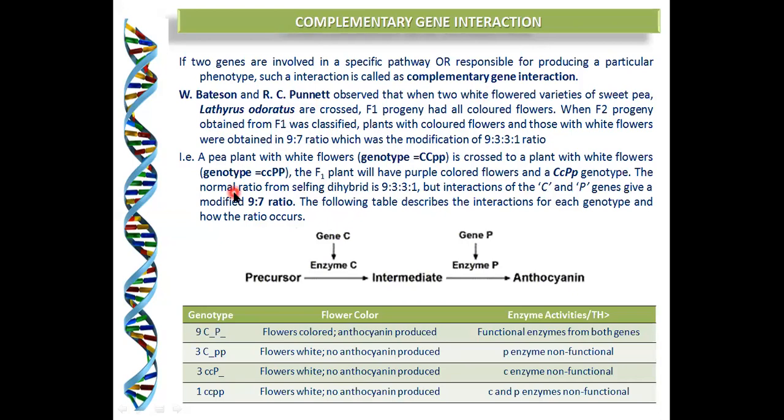A pea plant with white flowers with genotype capital C, small p is crossed to a plant with white flowers with genotype small c, capital P. Suppose this is a male parent and this is a female parent.